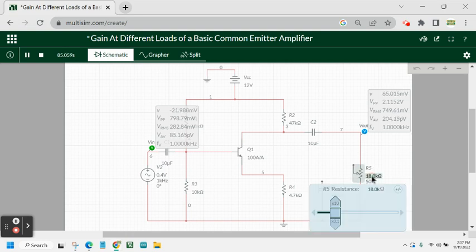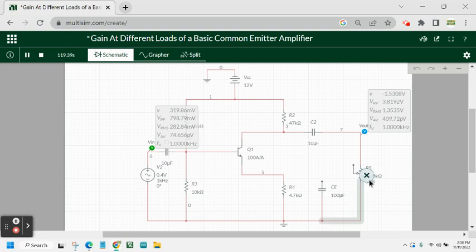So we can say that the output voltage becomes lower if the load resistance is lower. Here, we have an 18 kilo ohm load resistance and the output voltage is just 2 volts. But when we increase the load resistance to 47 kilo ohms, the output voltage becomes 3.819 volts.